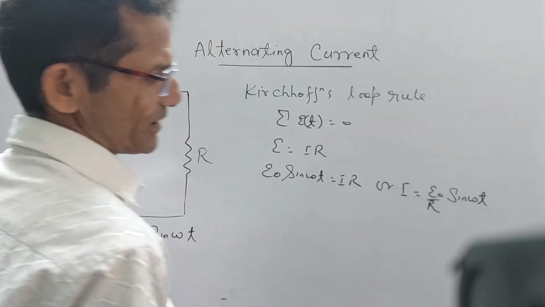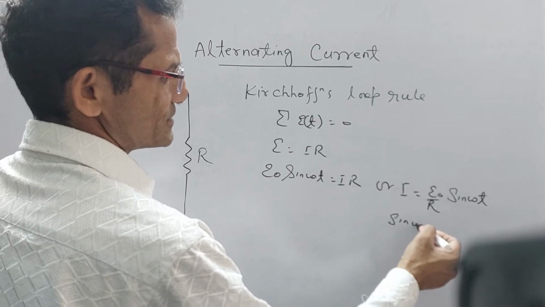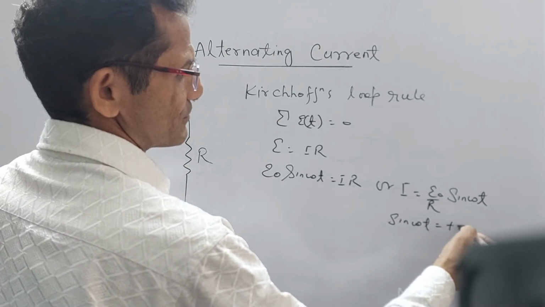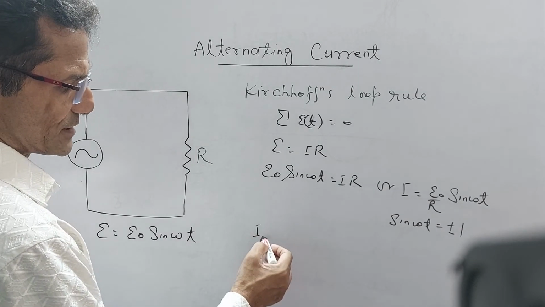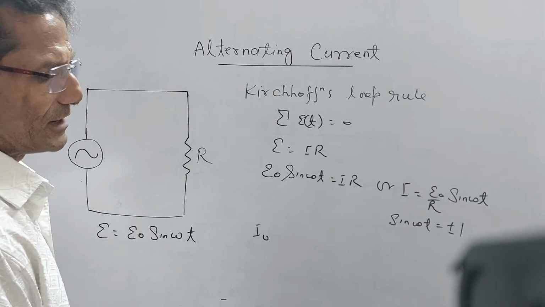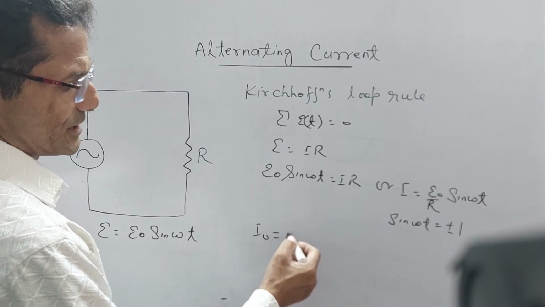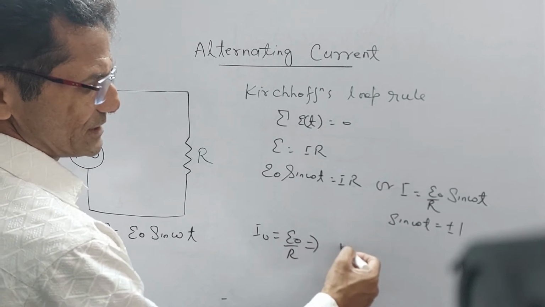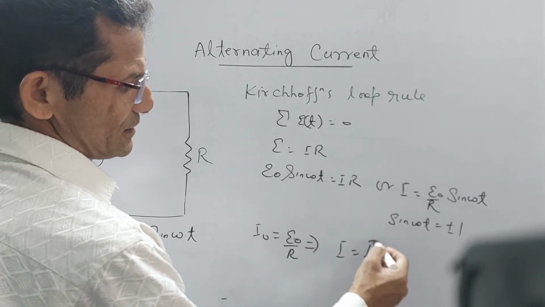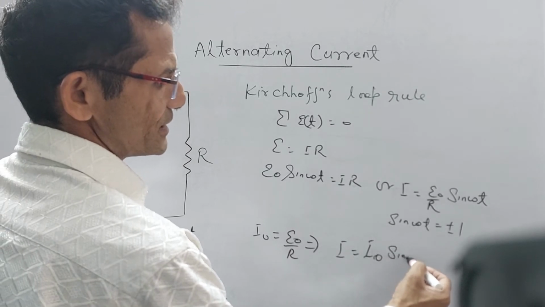As we know, sine omega t has a maximum value of plus or minus 1. If I put the value here, we get the maximum current, or amplitude of the alternating current, which comes out as E naught divided by R. If I put these values in the relation, I is equal to I naught sine omega t.